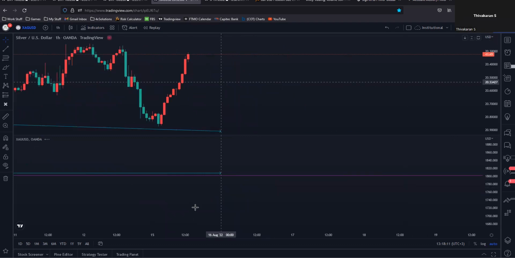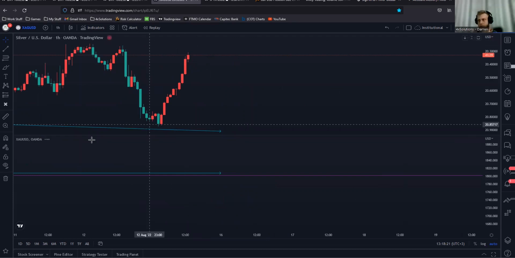So in this time frame, in 1 hour and 2 hours, I could see gold has taken the lows. Sorry, I don't know why it's taking so long to load here.